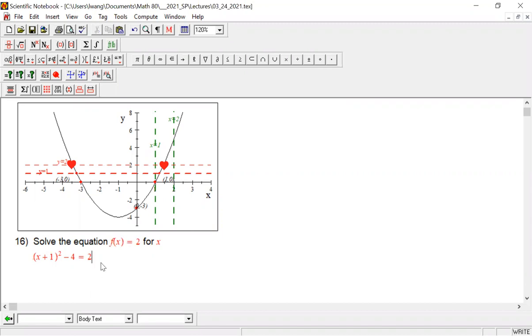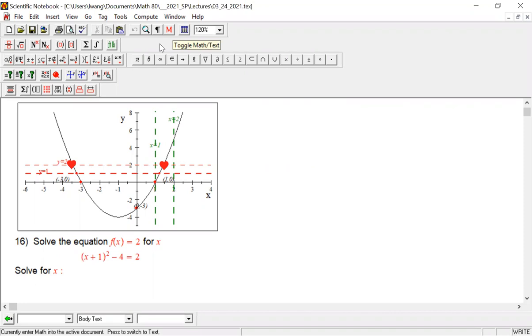Then we're solving for x. Y is not what we're solving for, we're solving for x. The output is given, and we're solving for the input. So how do we solve it?